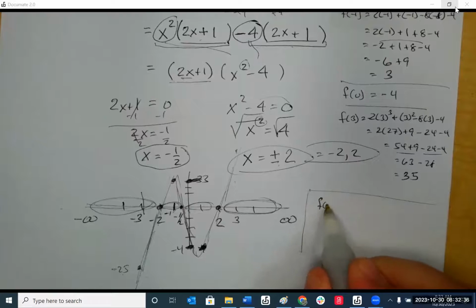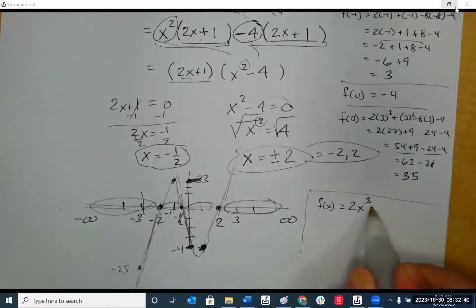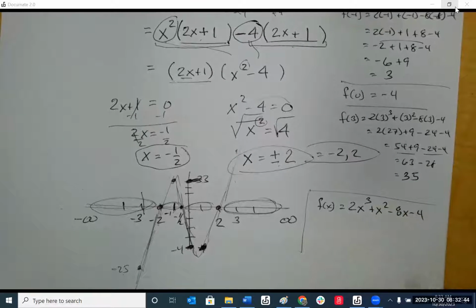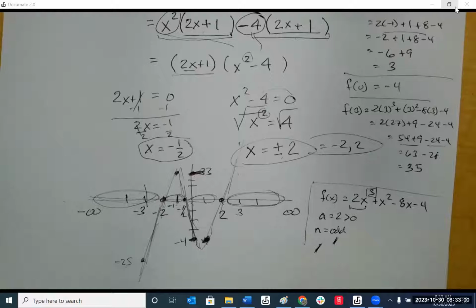Now, with what we talked about last section, look at the leading term. A is 2, so it's greater than 0. The degree is odd, so the ends point opposite directions. The left side goes down, the right side goes up.